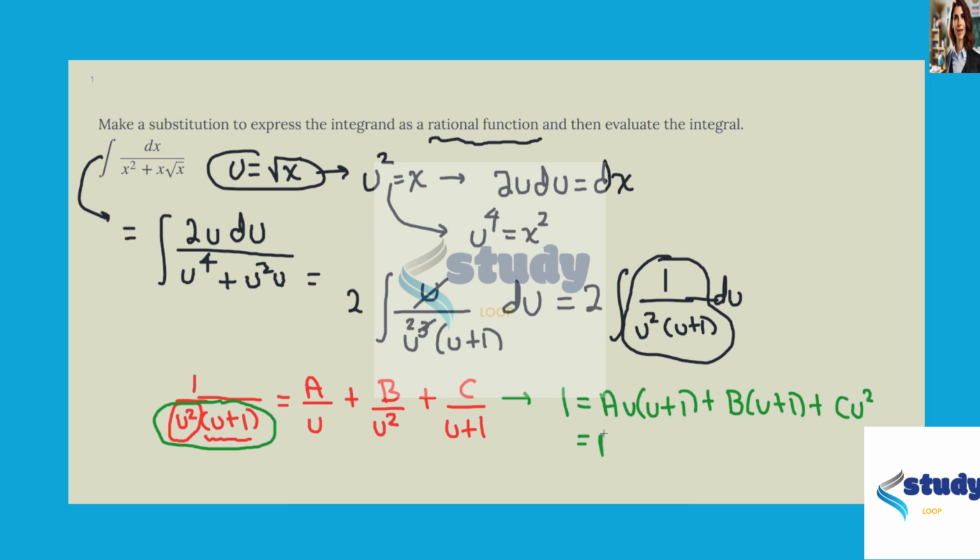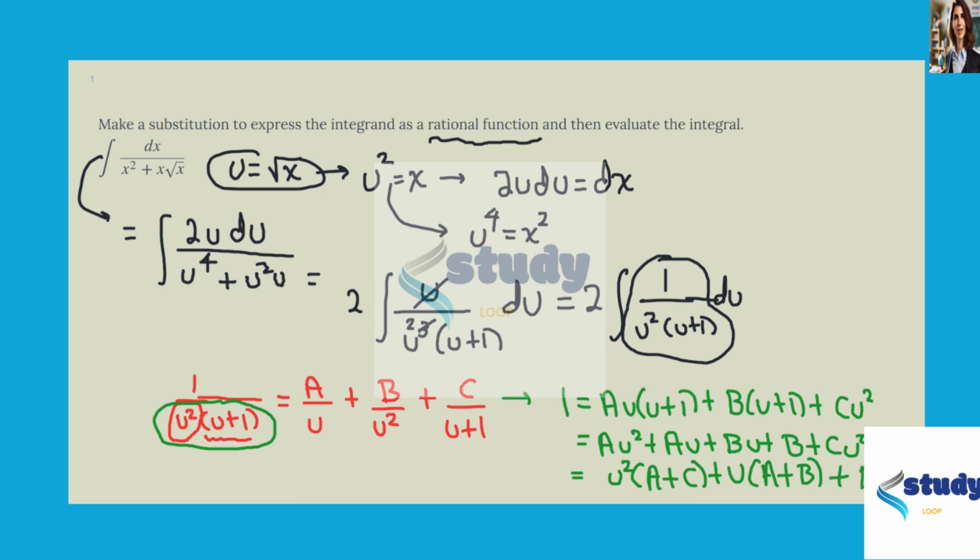Let's simplify this, expand the right-hand side, and then combine like terms. Here, we have u squared, a plus c. Then u, it's a plus b. And then we're left over with b.